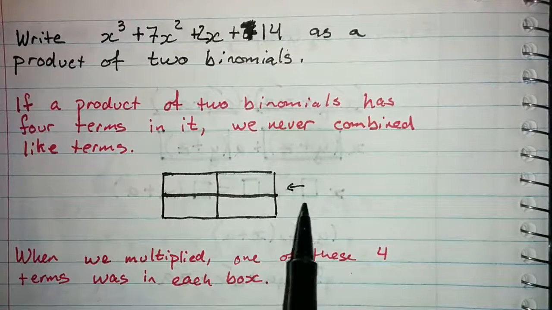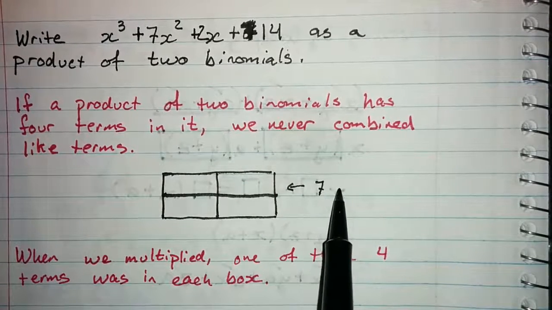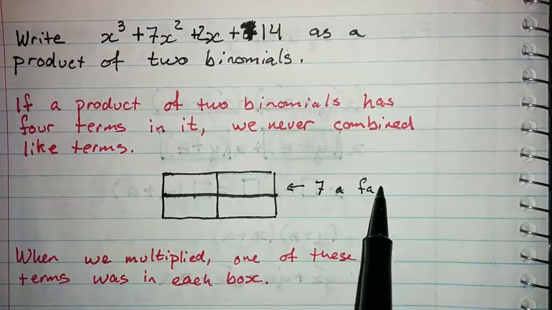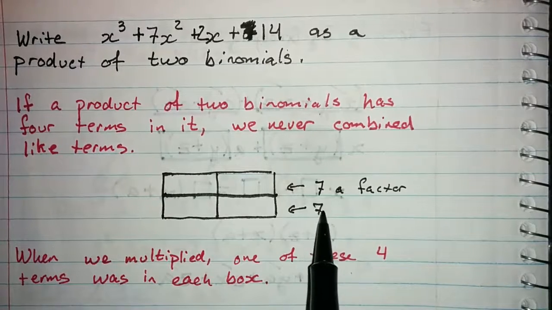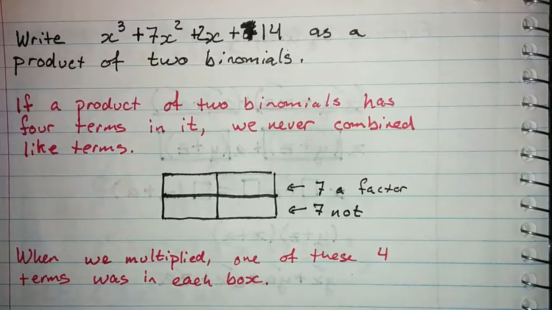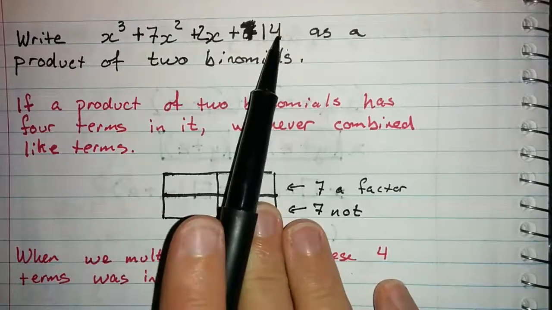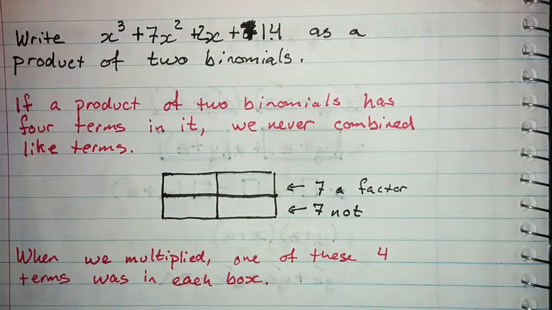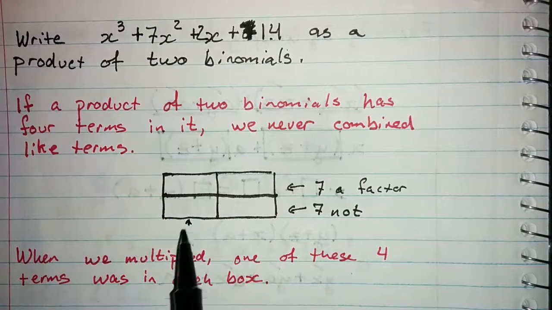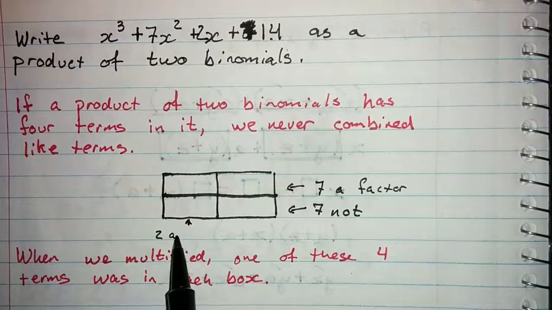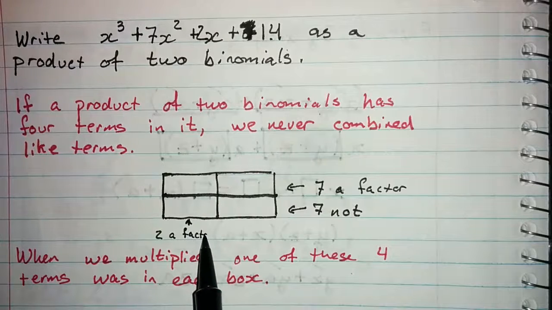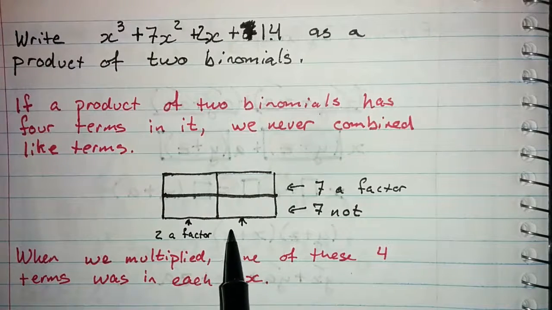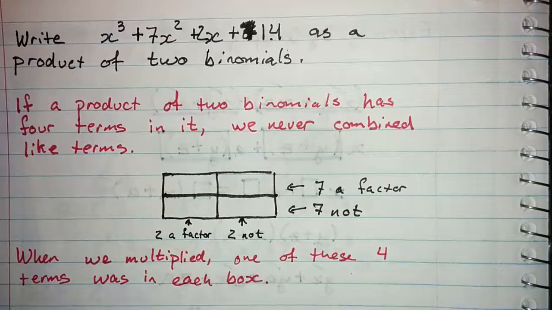So I'm going to make one row 7 a factor and the other row 7 not. It also looks like 2 of these have 2 as a factor and the other 2 do not. So I'm going to make one column 2 a factor and the other column 2 not.